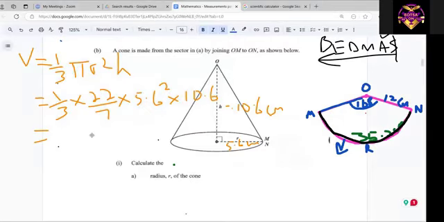So they asked for the answer in liters. This is in centimeters cubed because volume is in cubed units. Perimeter is to the power of 1, area is to the power of 2, and volume is to the power of 3, because it's three-dimensional.